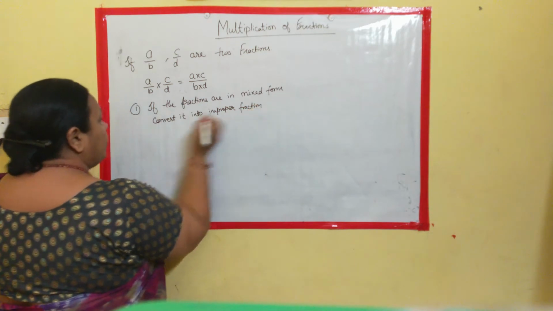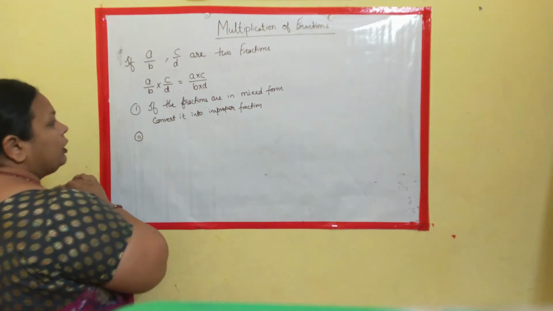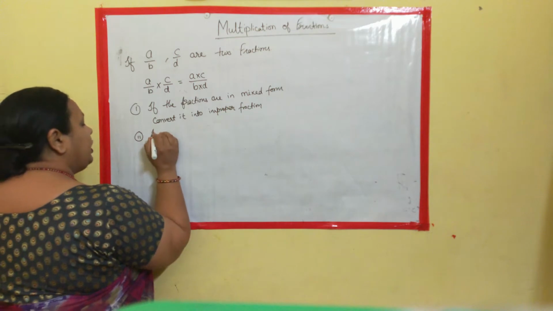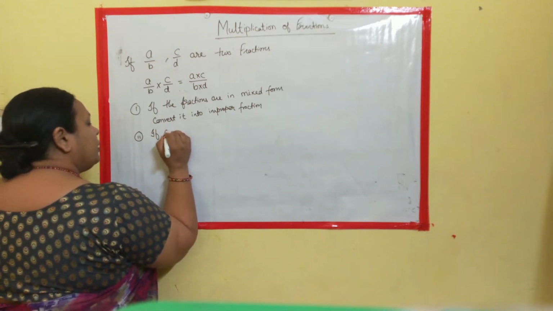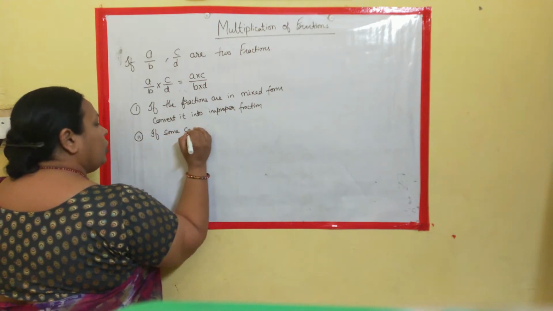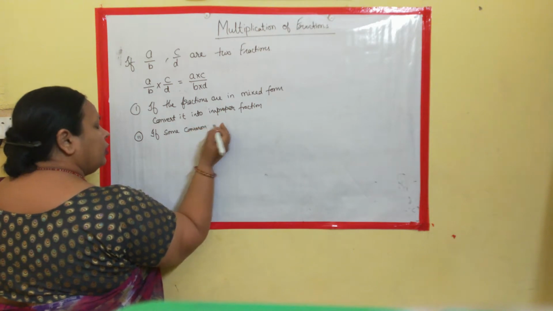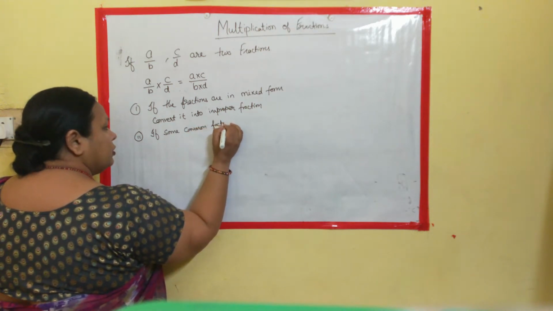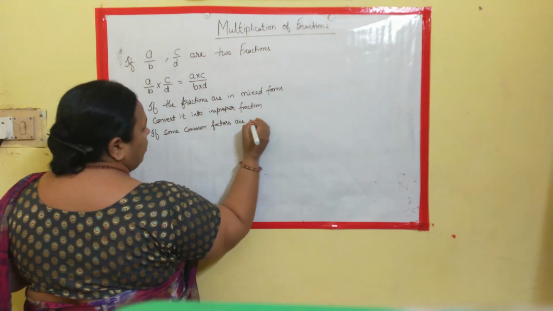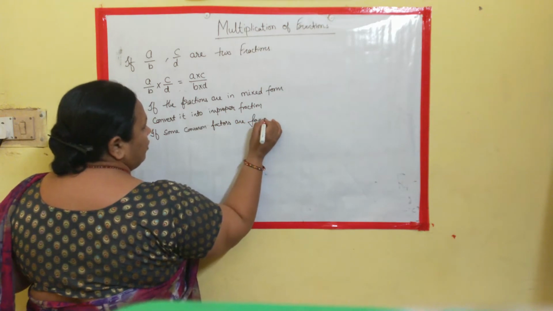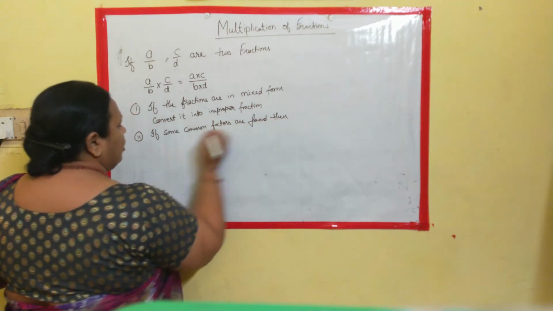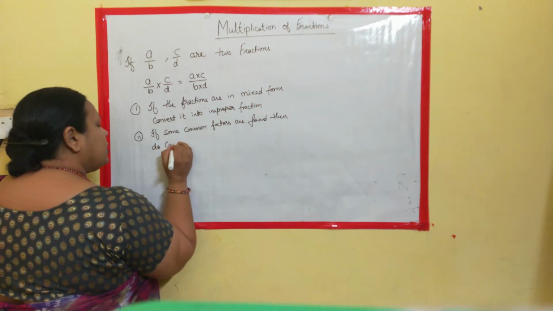Clear? Now the second rule says that if some common factors are found, then do cancellation.